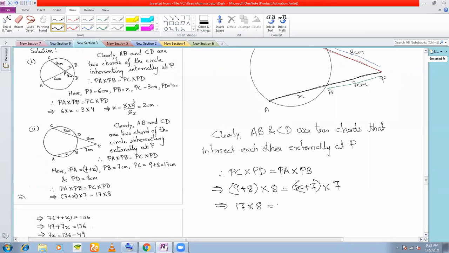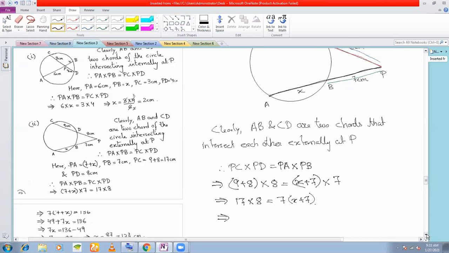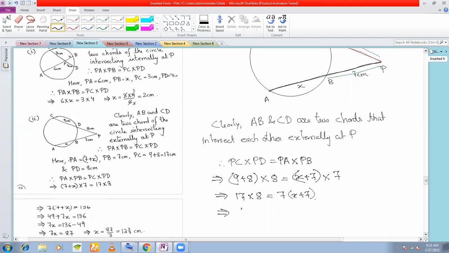17 into 8 is equal to 7 times x plus 7. That means you have 17 into 8 is 136 is equal to 7x plus 49. That means 7x is equal to 136 minus 49.